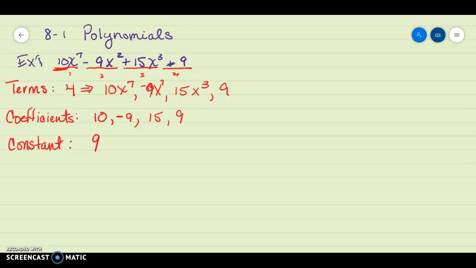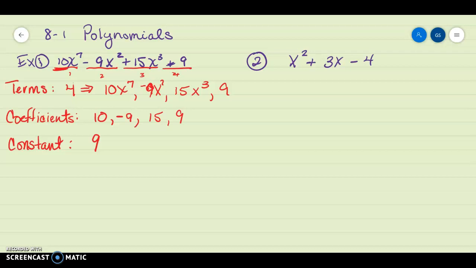So this was example 1. This is example 2: x squared plus 3x minus 4.